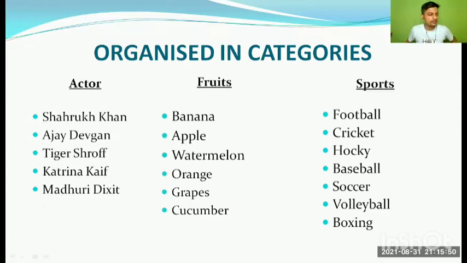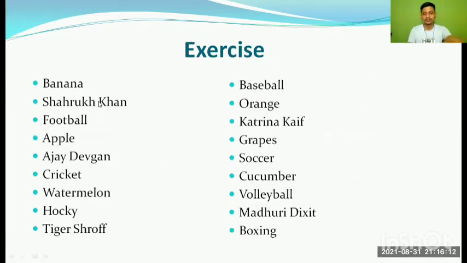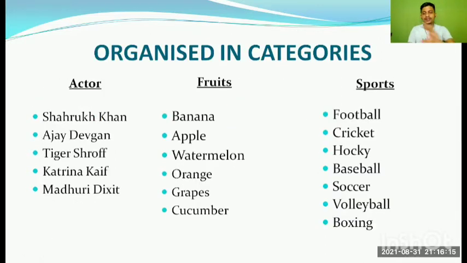When you try to put any information in your memory, you are like entering a very huge room and putting it here and there. That's what we do actually. We don't categorize. In these 18 names, there are actually three categories. One category is actors, second is fruits, and third is sports.